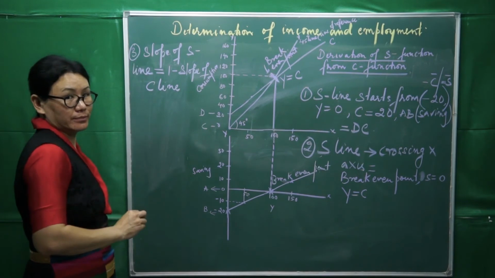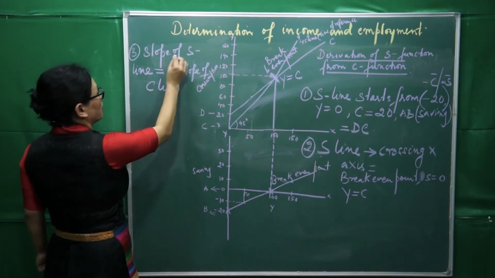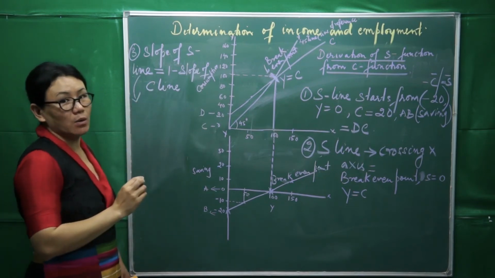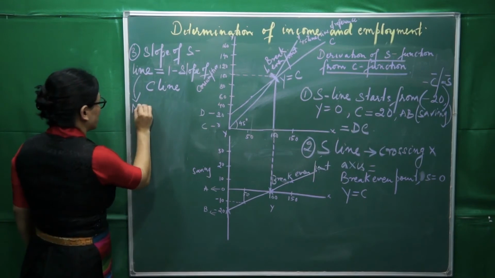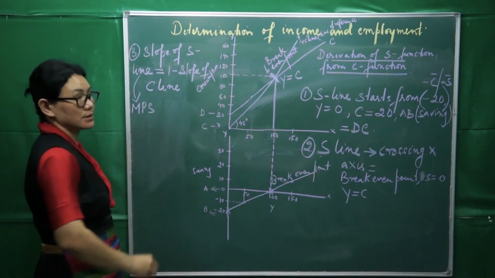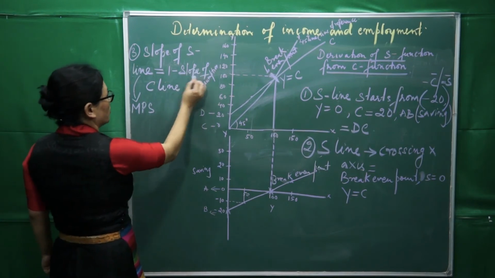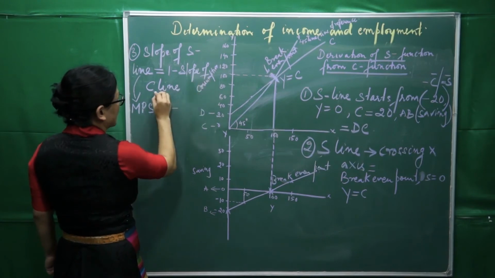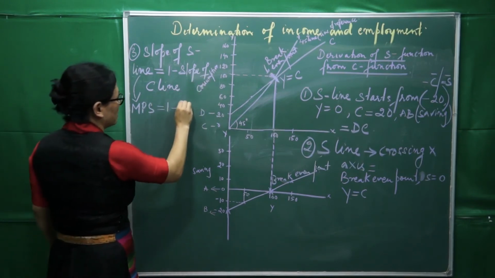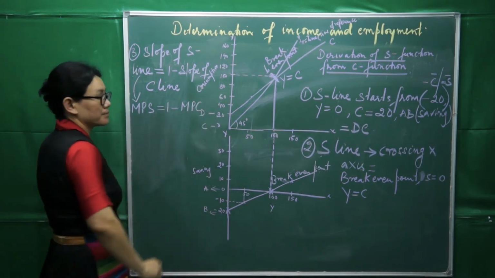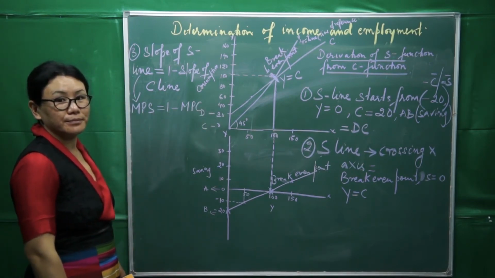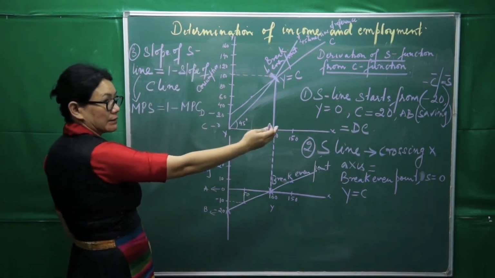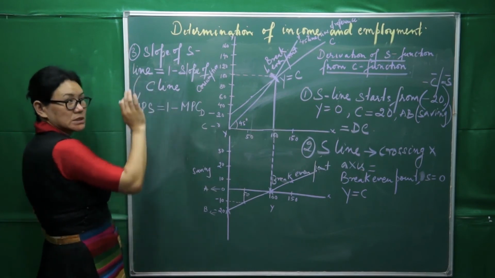Is it? Now see here, the slope of the S line is indicated by MPS. And the slope of the C line is indicated by MPC. The slope of the S line is a straight line, and a straight line has a constant slope.